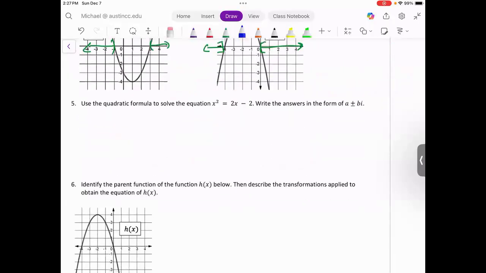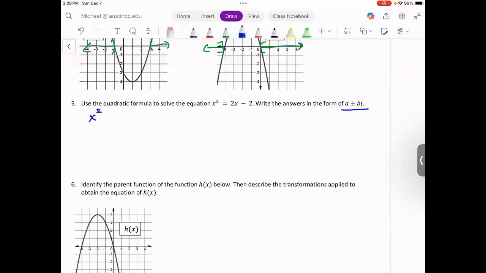Let's use the quadratic formula to solve the equation x squared minus 2x minus 2. We want to write the answers in the form of a plus or minus bi. When we see this a plus or minus bi, we should think we're going to need to use the quadratic formula. First, we need to get it set up into our standard form, where we have ax squared plus bx plus c equals 0.